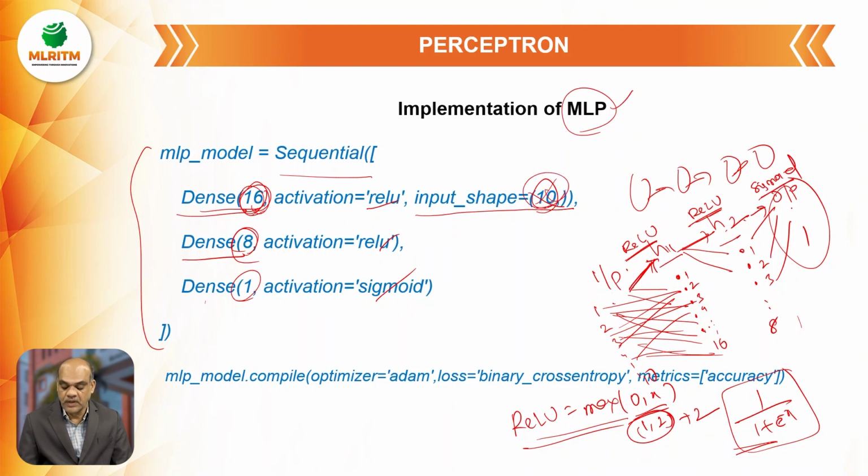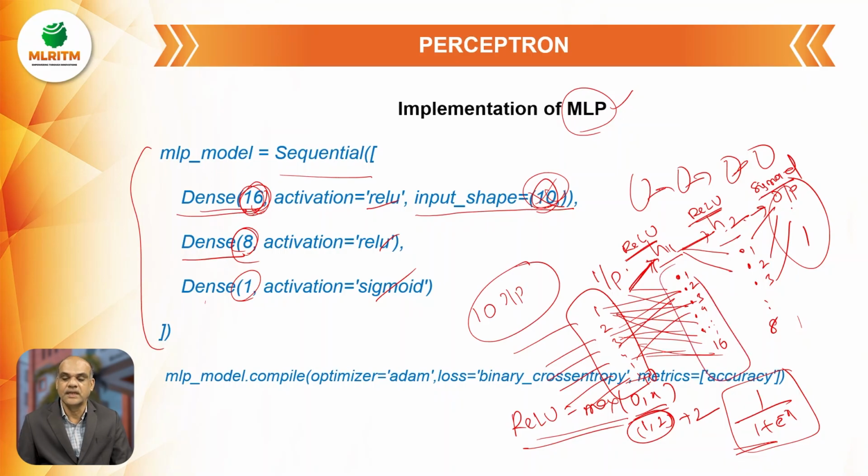That means if input shape equals 10, it is going to accept 10 input features per cycle. It is taking 10 input features from the real world. From these 10 inputs, it is going to process 16 features at the first hidden layer, 8 features at the second hidden layer.